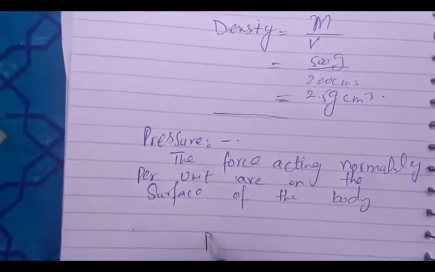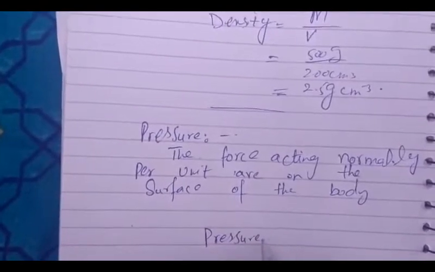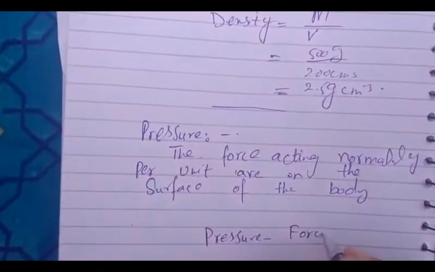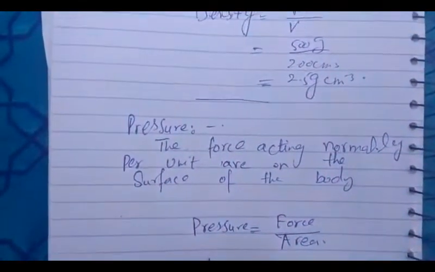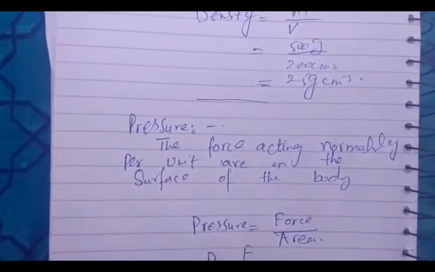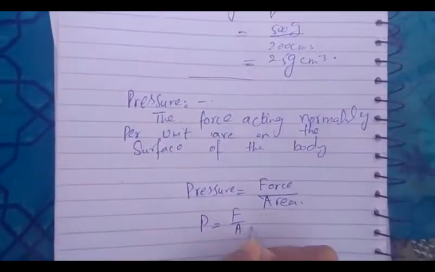The formula of the pressure is force per unit area. Pressure is represented by P, force represented by F and area represented by A.